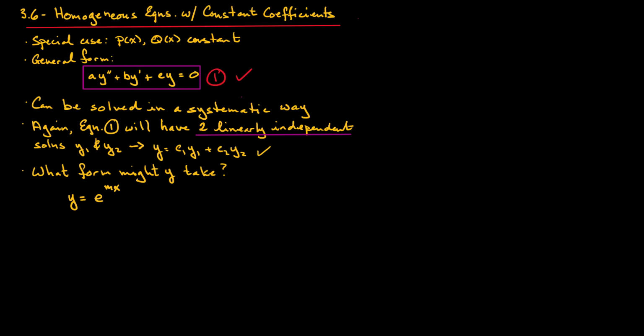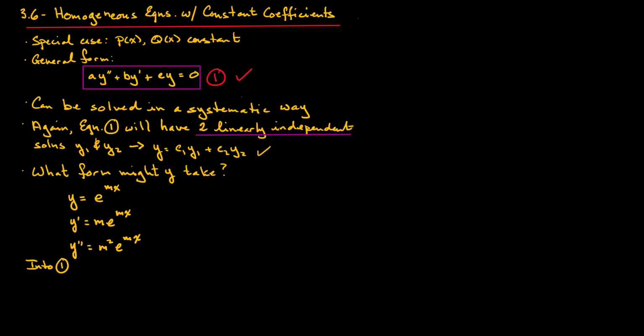So let's evaluate the first and second derivative. We have y prime equal to m e to the mx, and y double prime is m squared e to the mx. Now if we substitute these into the ODE, so that's into equation 1, what do we find?